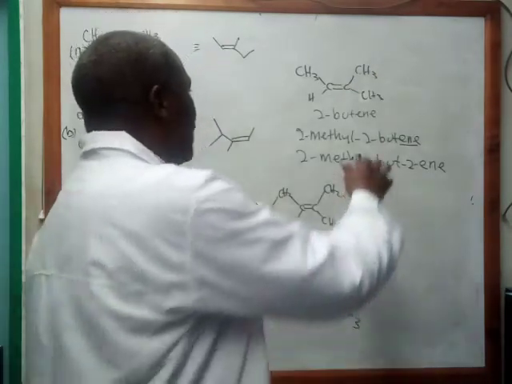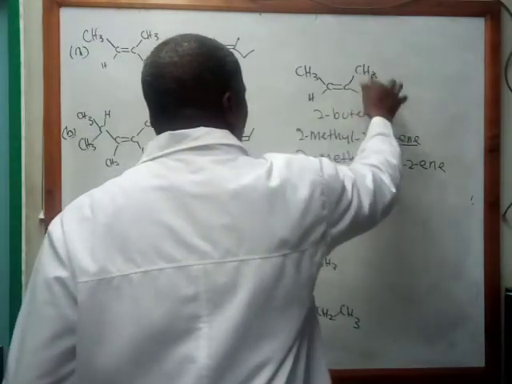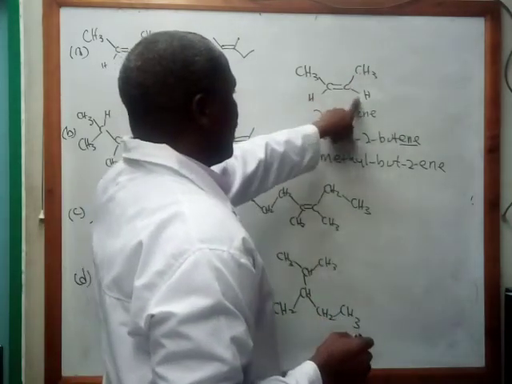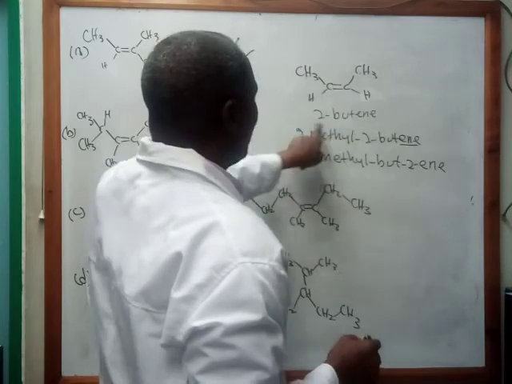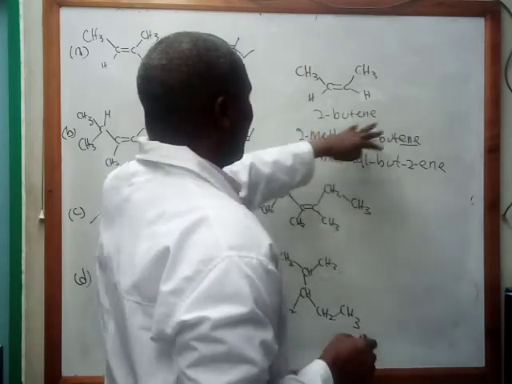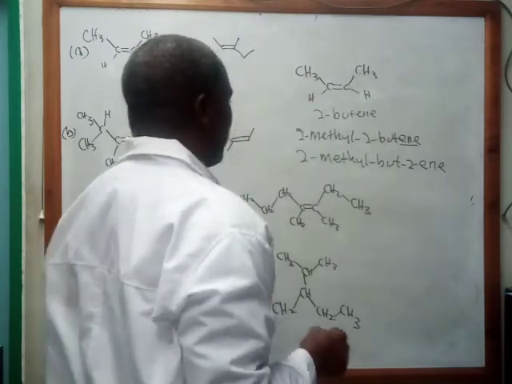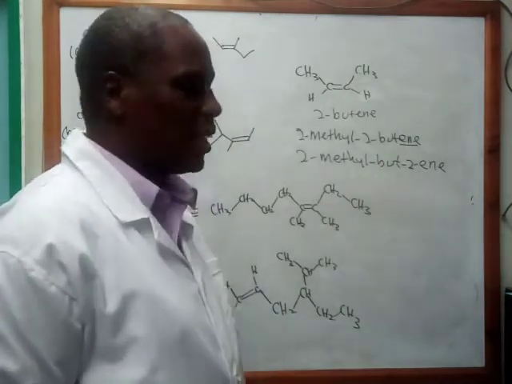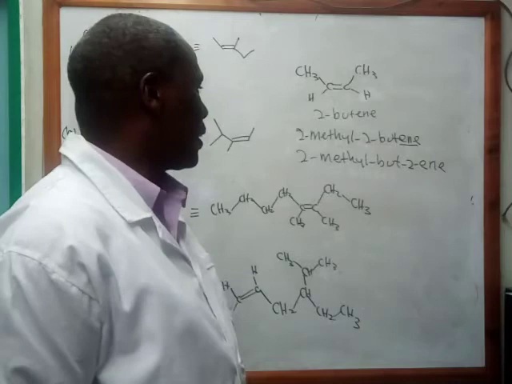But if you had a hydrogen like that, then it should have been Z-but-2-ene, without the methyl group. But now, because I've got two methyl groups, the stereochemistry, the E and the Z, disappears, yeah?